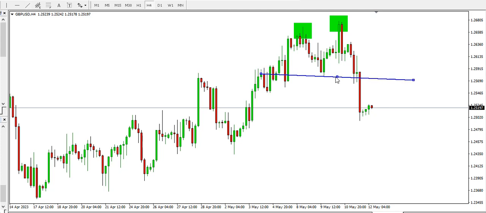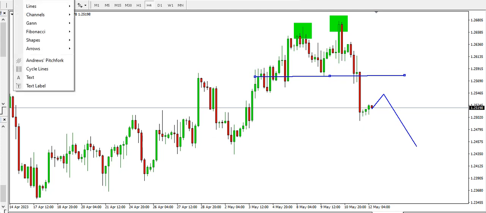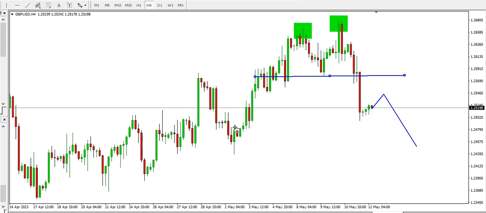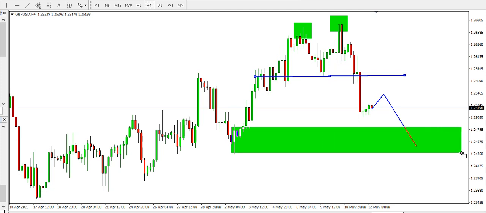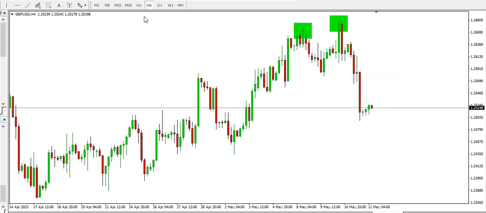The price has broken the neckline, and price might retrace before going down. If it's going to go down on GBPUSD, you might see it going down to this other block around here. Okay, so that's that for GBPUSD on the 4-hour time frame.